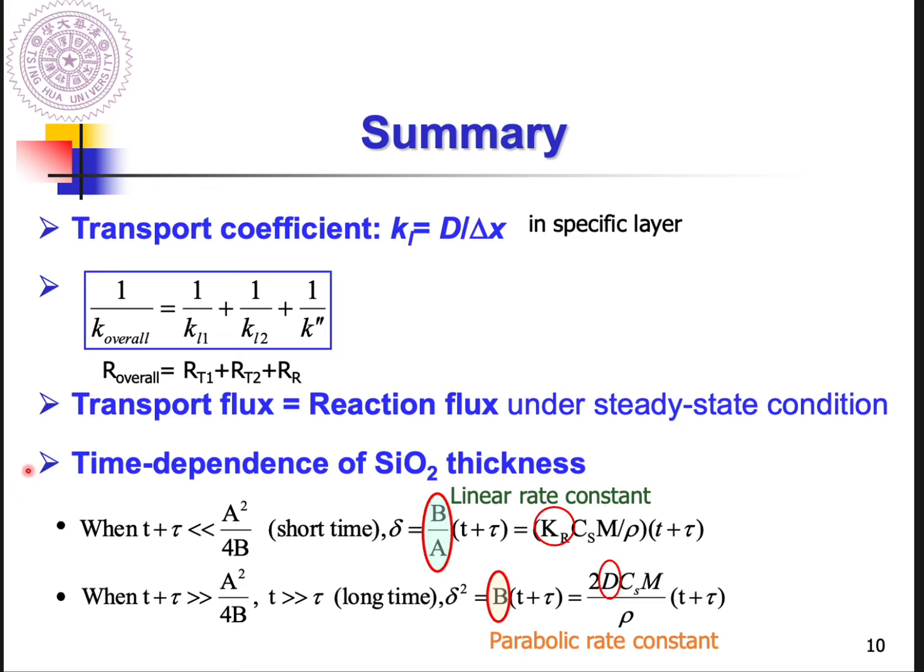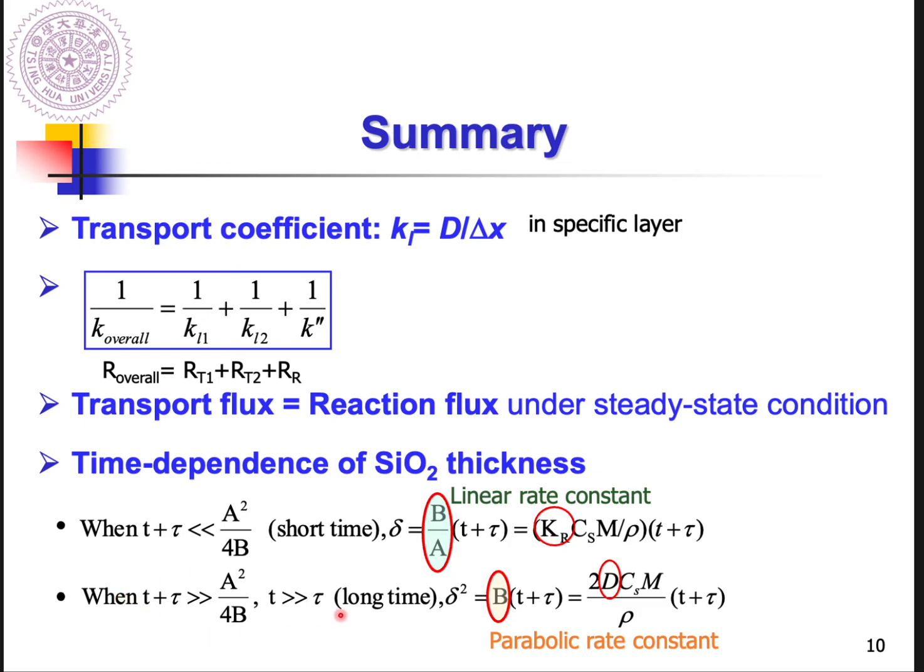The last part is regarding the time dependence of the thickness of the oxide layer. For shorter time, we find the thickness of the oxide layer is proportional to the rate constant Kr.